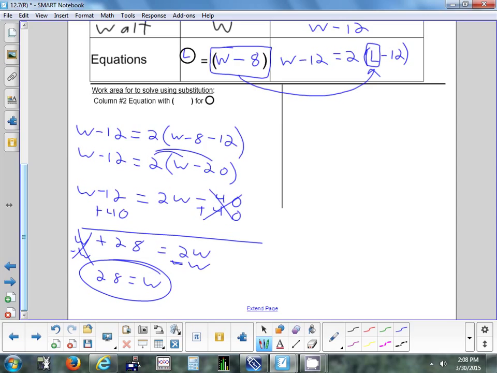Once we get Walt's age, if you go back up to your equation in row 1, you've got a formula for finding the other person's age. It says Leah is Walt's age minus 8. But now we know Walt's age. 28. Walt is 28. Take away 8. So how old is Leah? 20.